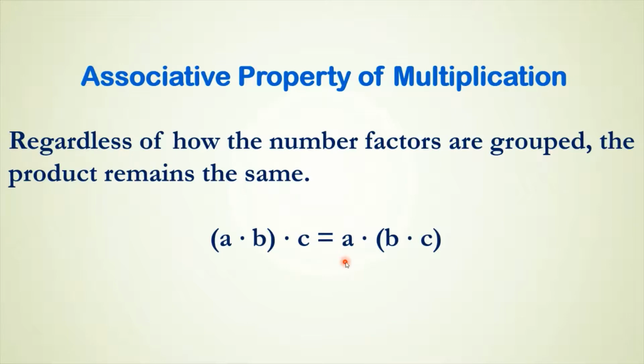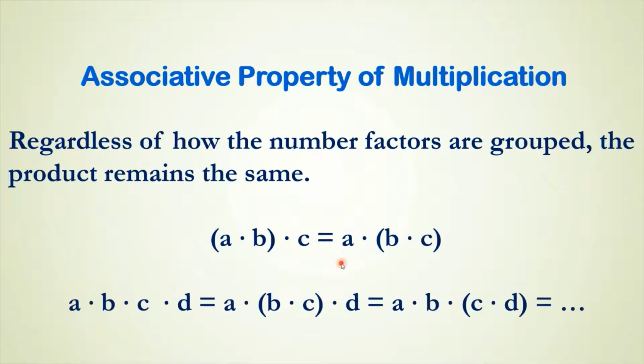Now extend this further. Instead of 3 numbers, if we have 4 numbers represented by letters A, B, C, and D, the associative property says that A times B times C times D gives the same result as multiplying B and C together first, then doing the rest in order, which is also the same as multiplying C and D together first, then doing the rest in order, and so on and so forth in any combination.